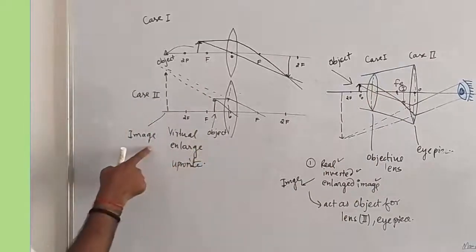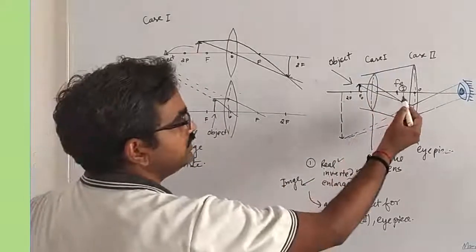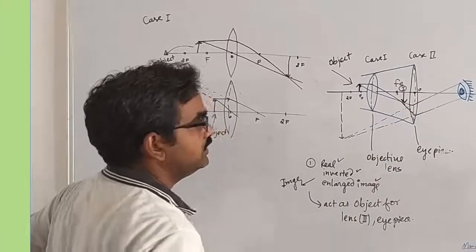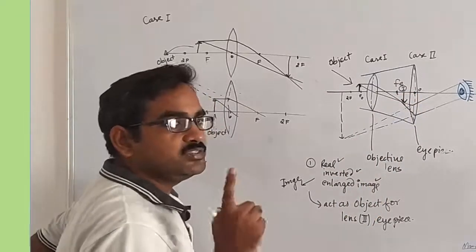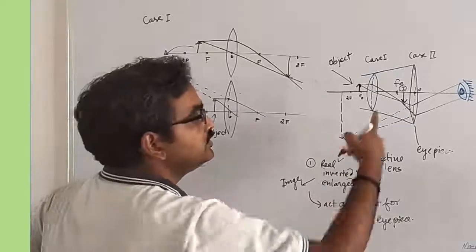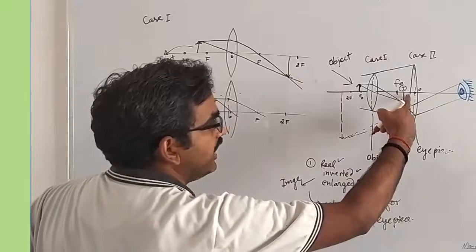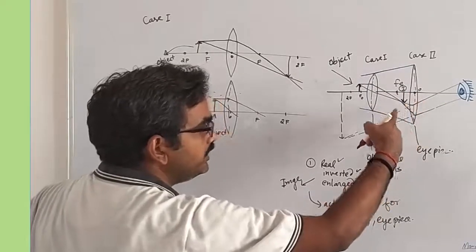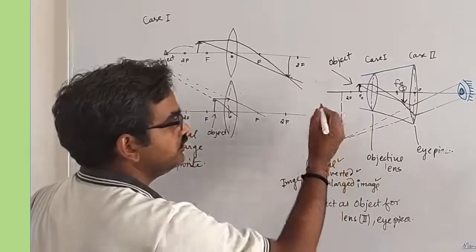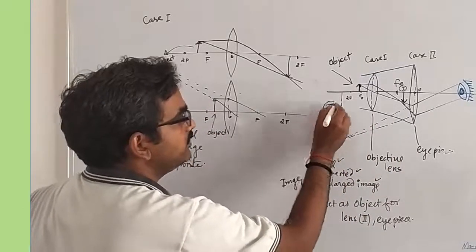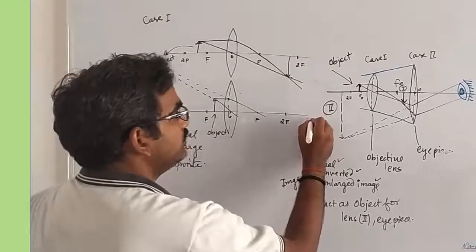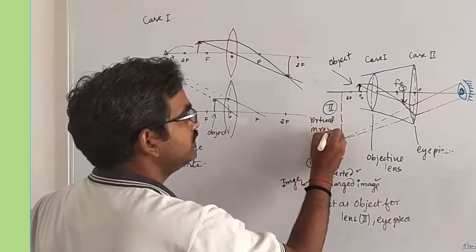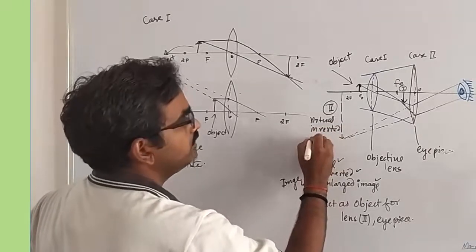This is the second image. The second image is virtual, inverted and upright.